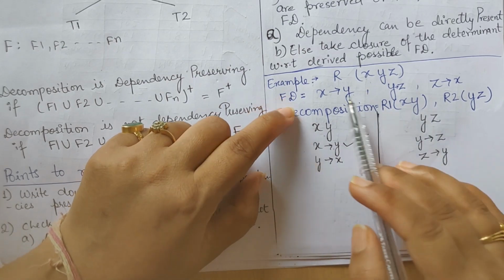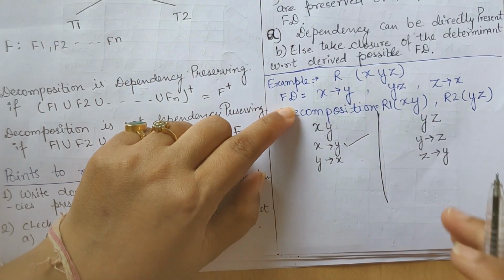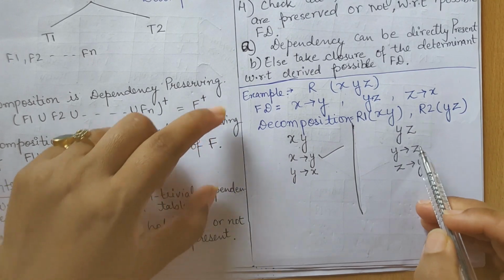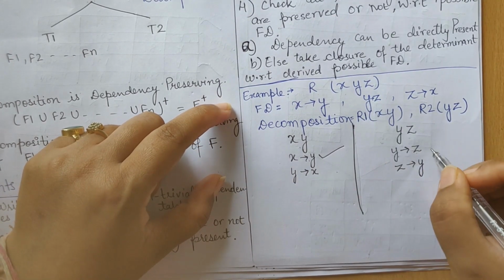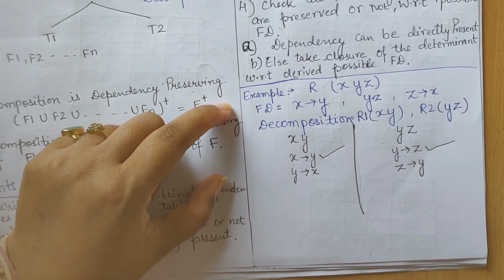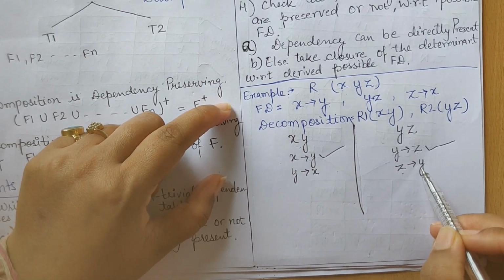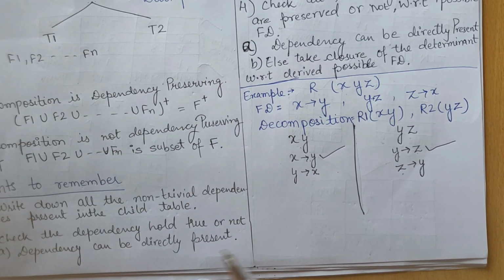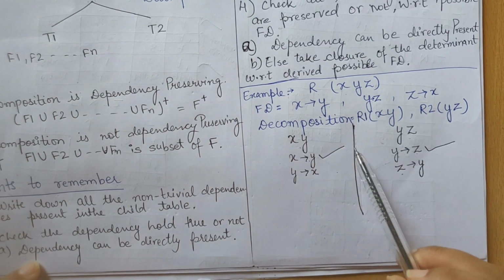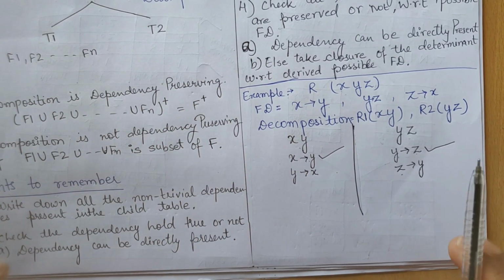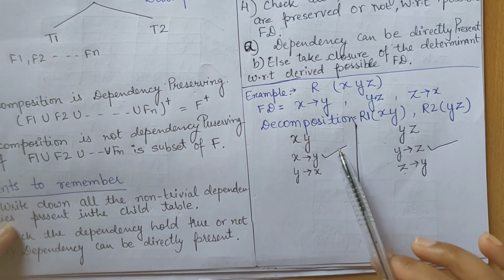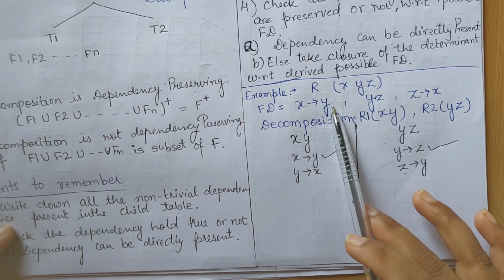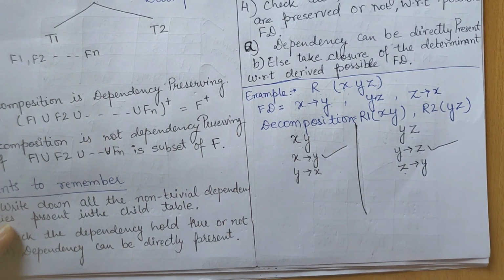Y determines X, now this is not directly present. On this side also let me check. Y determines Z, as you can see it is directly present in the question, so this will hold true. Z determines Y, this is not directly present. So a dependency can be directly present. If it is directly present, we mark it directly, we do not do any further checking because it is already given in the question, so we consider it true.